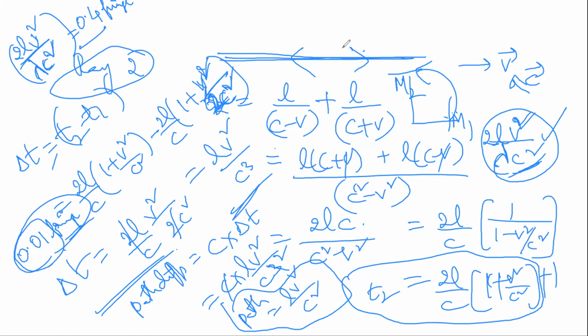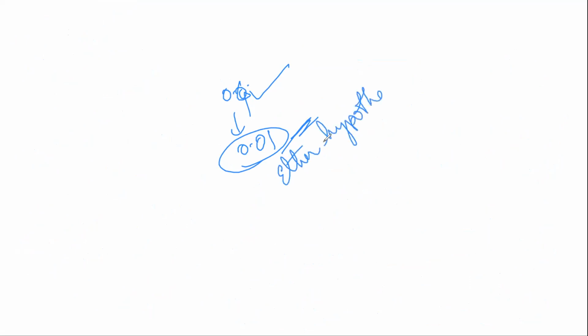In theory, they had to obtain 0.4 fringe shift, but they obtained only 0.01 in the experiment. Hence the entire ether hypothesis got failed.